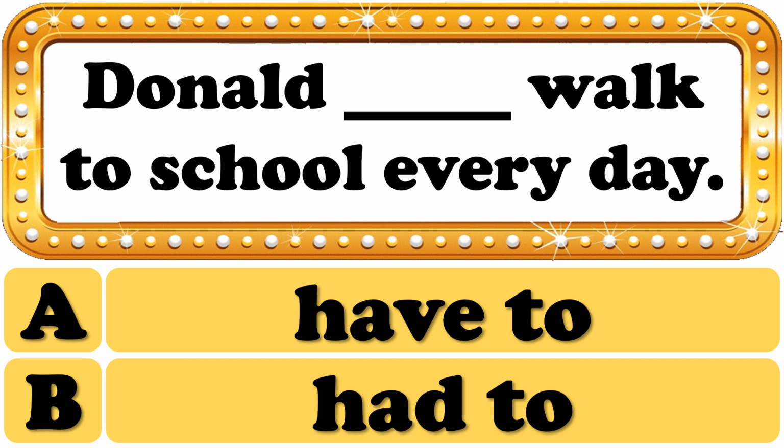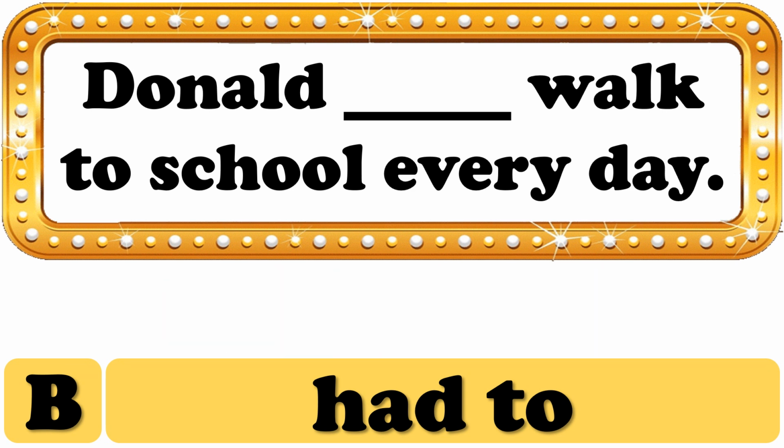Did Donald have to walk to school every day, or Donald had to walk to school every day? There's actually only one right answer, A or B. What do you think? The answer is B. Because even if we were talking about right now, we would say Donald has to walk to school. So had to is the only option. And now say it after me. Donald had to walk to school every day.